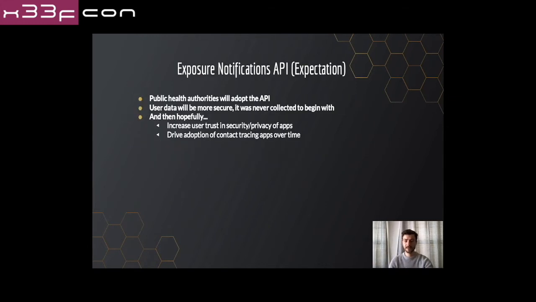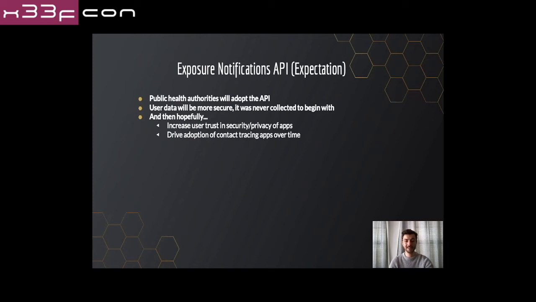Now, as we discussed on the previous slide, the Exposure Notification API had a couple goals in mind, and tying into that slide, we're going to discuss a little bit more in depth what the expectations of this API were when it was created, and then what the actual outcomes and the actual results that we observed in the wild are.